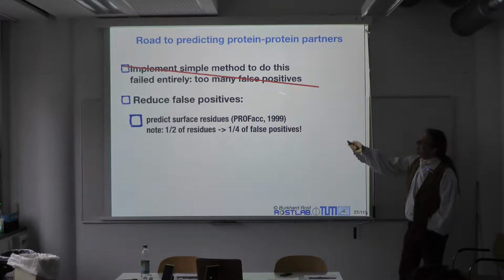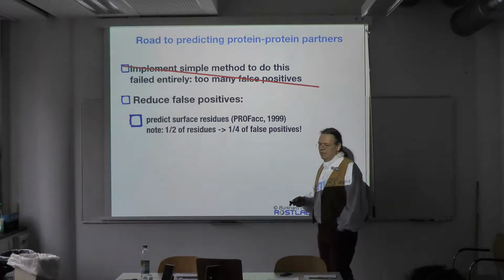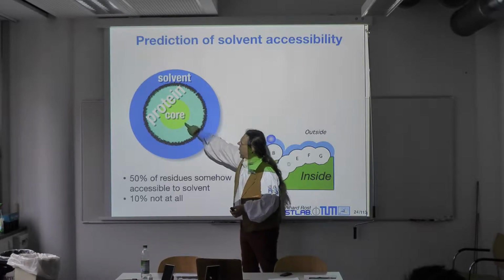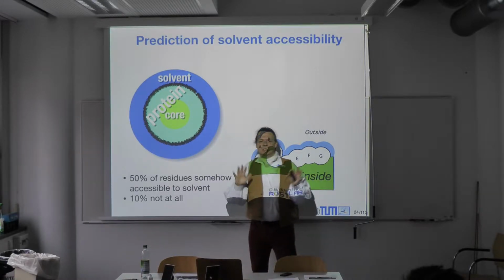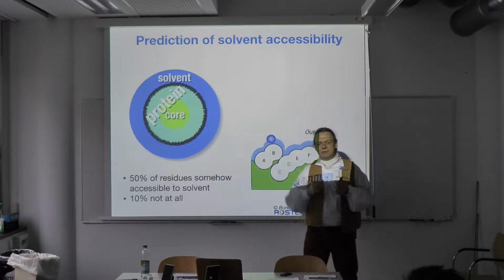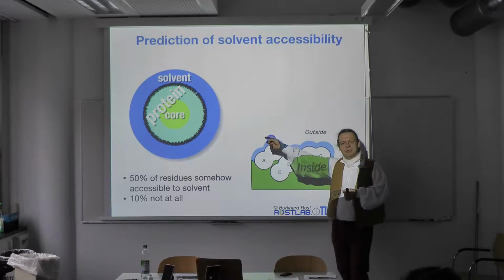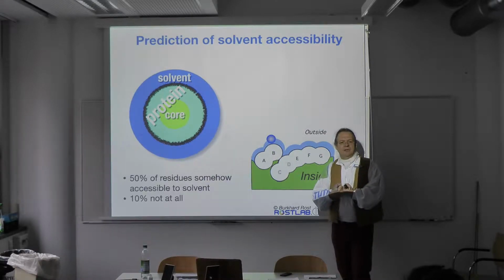So one, in fact, would be to predict surface residues. What I mean here is when you look, say there's the core, there's the solvent, and the light green here is the surface. Just like for subcellular localization, I told you that the environment is imprinted upon the surface. Proteins interact on the surface. Okay?